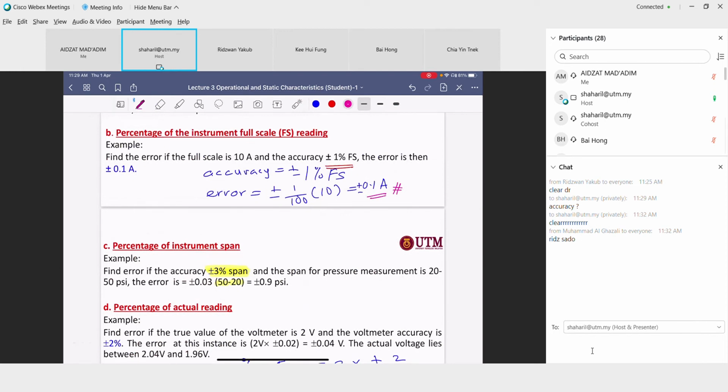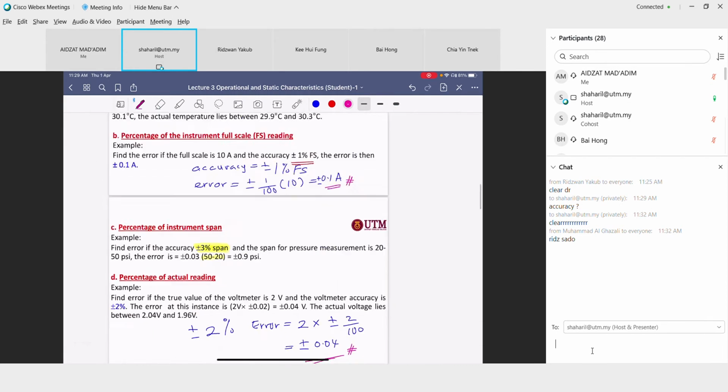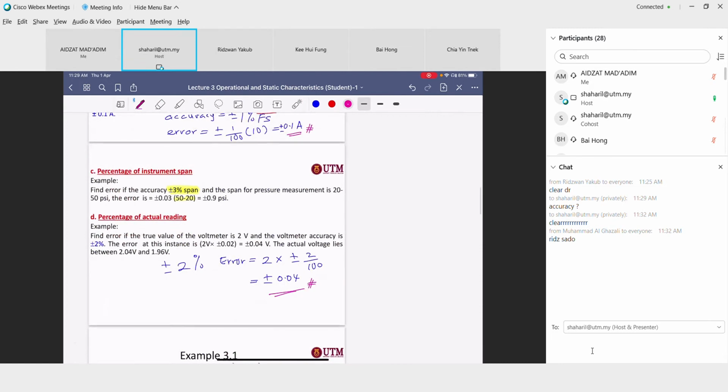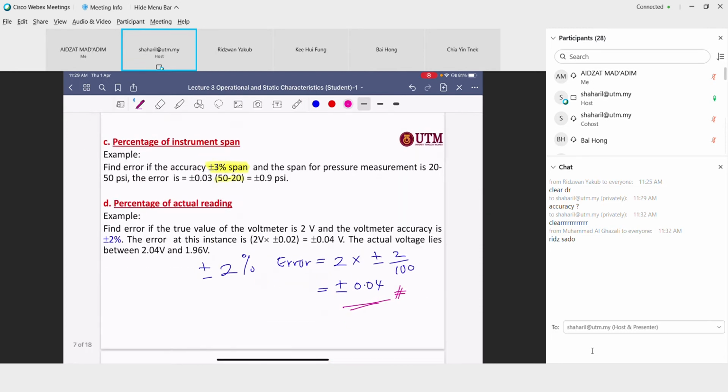Some of them just use plus minus percent span and so on. The most important thing is you need to convert it into the error, because when we get the data, the actual value is the data plus minus the error.